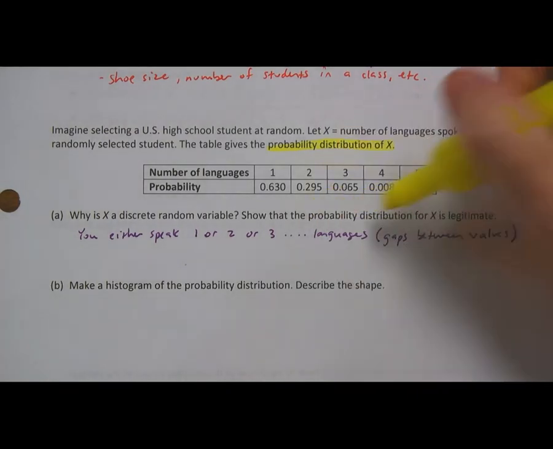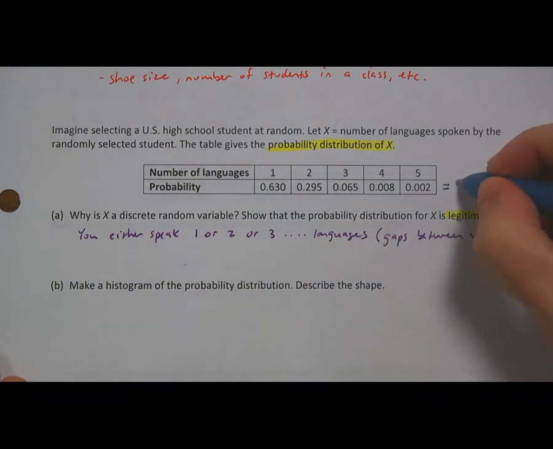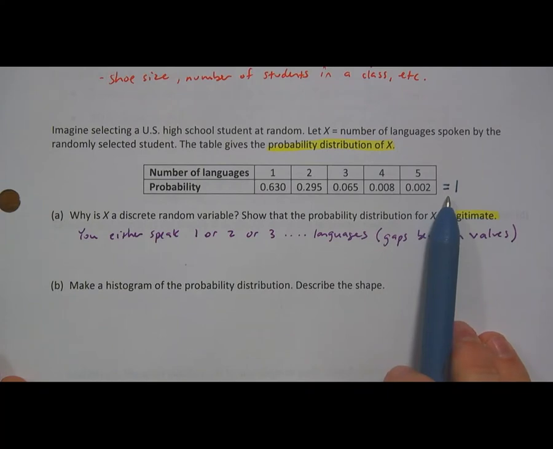If you're asked, is this a legitimate probability distribution, or prove that it works, just glance at your probabilities. All of those probabilities should be between 0 and 1, and they should all have a sum of 1. They should add up to one whole. So if you want to put equals 1 on that bottom row, just to remind yourself.